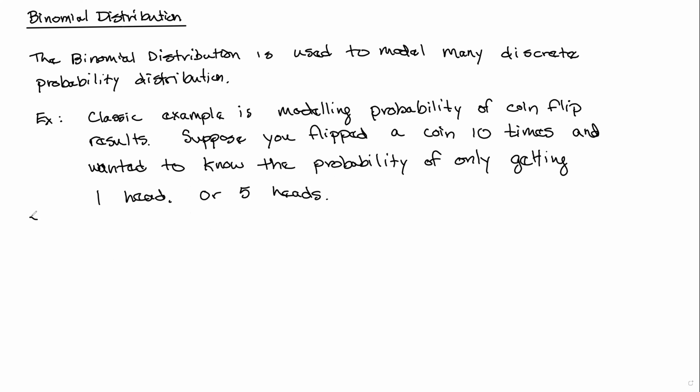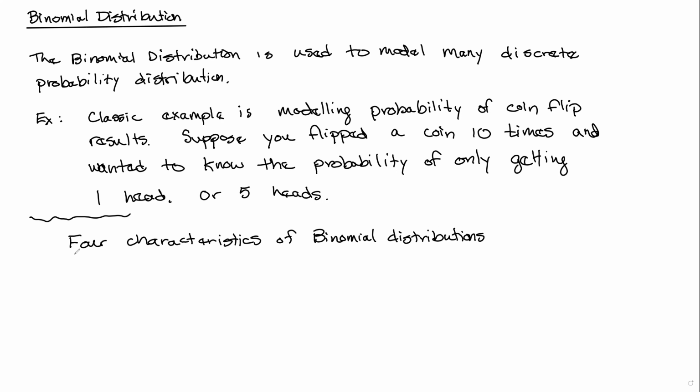The binomial distribution cannot be used for modeling every discrete probability distribution, though. So we are going to have some characteristics, some restrictions. The first one is that there must be a fixed number of trials, this fixed number of things that you're doing, that you're finding the probability for.